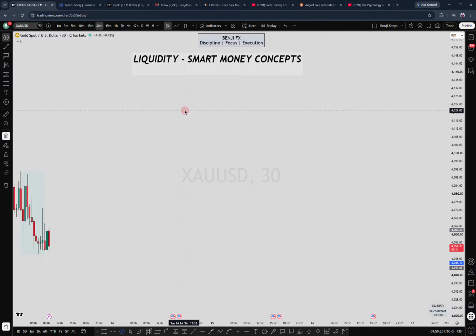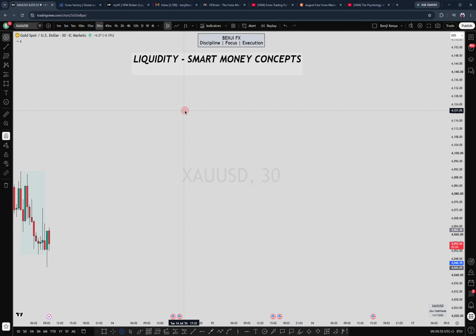This matatu is not full, and it's moving from point A to point B, probably from home to town. If it's not full, and the tout or even the driver sees people behind, the matatu is going to drive back, collect those passengers, then move to the destination.